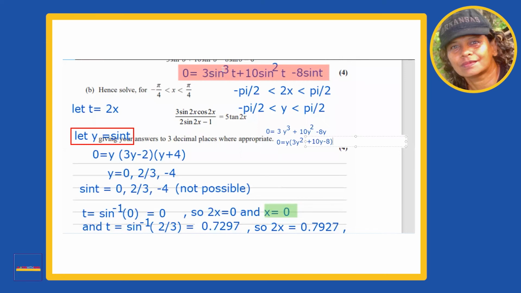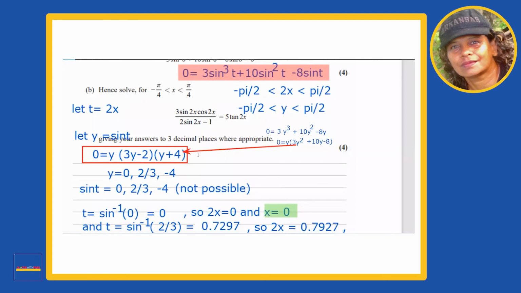If I factorize that, 3y squared plus 10y minus 8 becomes (3y minus 2)(y plus 4). Remember, I have the equation 0 equals y(3y minus 2)(y plus 4). So y is equal to 0.